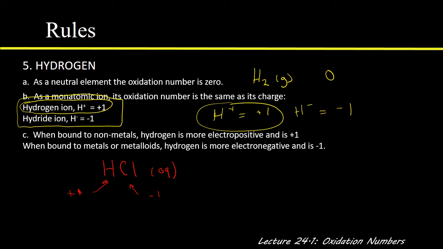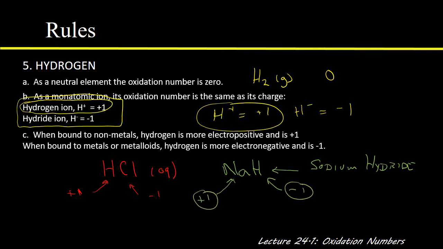But if we had something like NaH, now this is a metal, so the sodium is the most electropositive. I'm stumbling over my words today. The hydrogen is the most electronegative, so that means that this must be a hydride, right? And in fact, this is called sodium hydride. And in this case, the hydrogen would be -1 and the sodium would be +1.